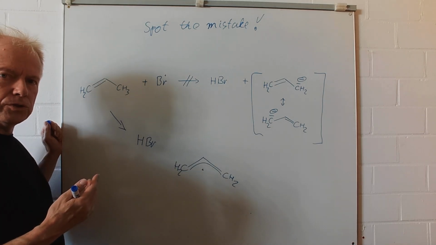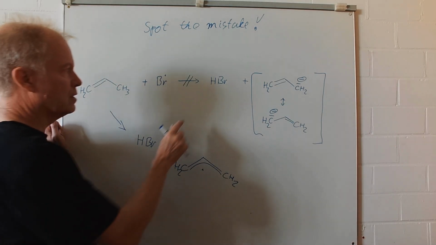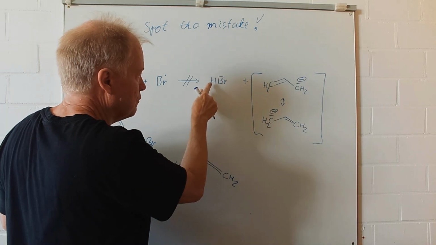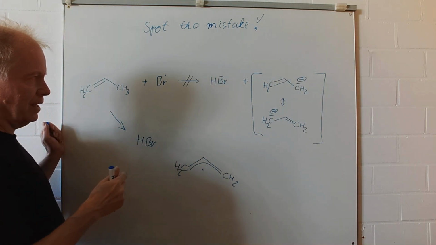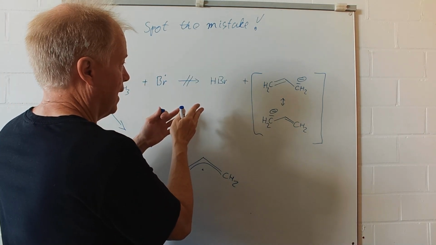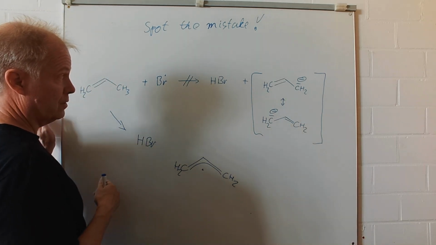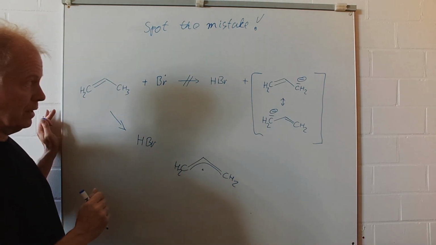Simply because a lot of students have in their mind that this HBr can form in water a hydrogen cation, a proton, hydronium ions, and a bromide.